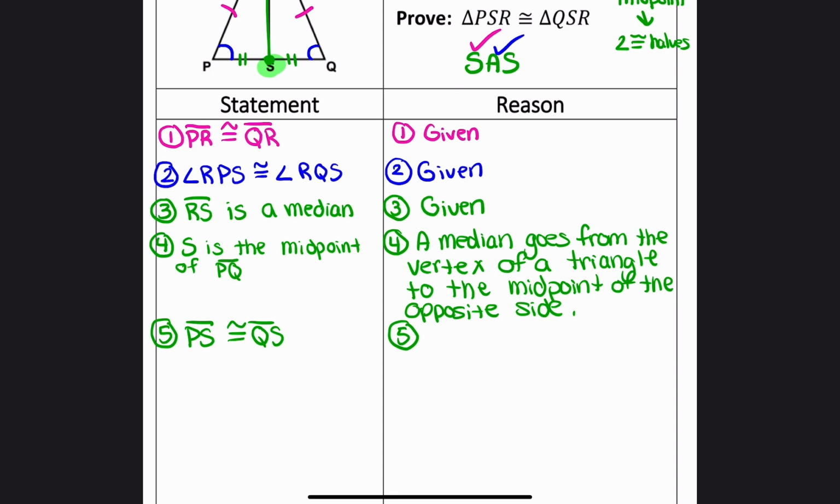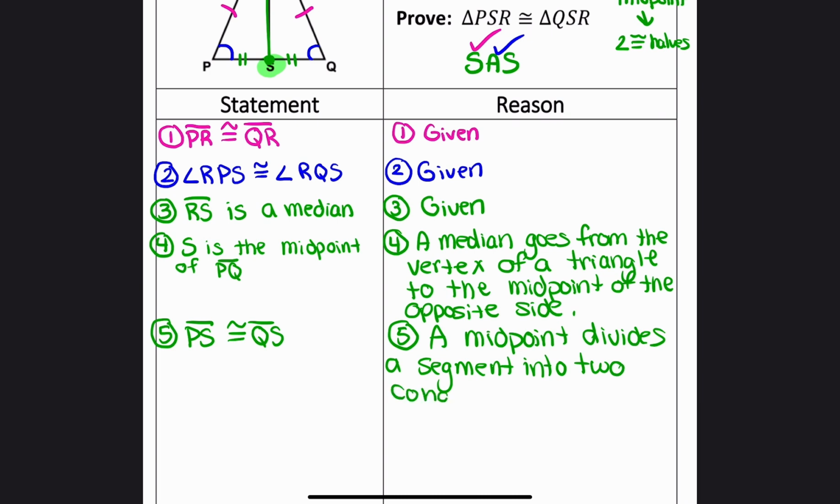And the reason for that is a midpoint, again going right into my midpoint routine, divides a segment into two congruent halves. Okay, so now I have my two congruent halves. So again, that last side is finished because I have a side being congruent to another side.